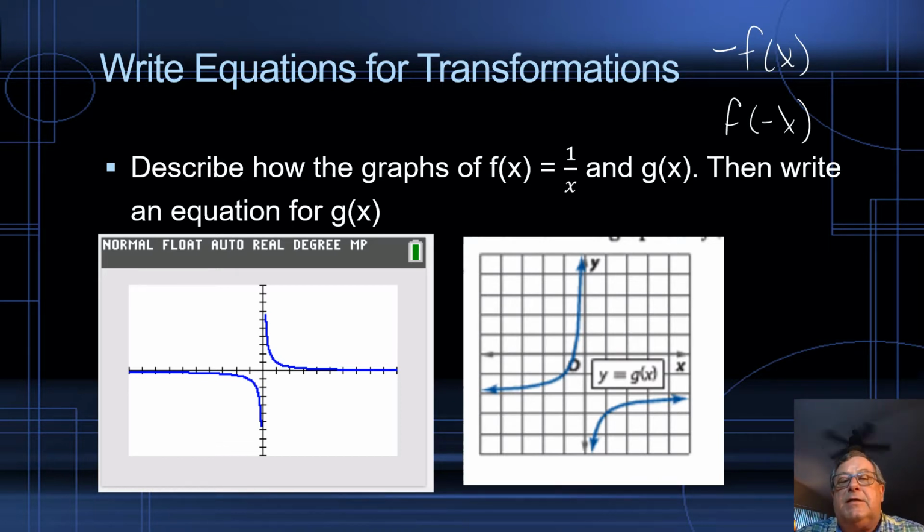Now, in these two examples we're looking at here, our parent function is a reciprocal function, which we see here on the graph on the left. And if you notice, we've got what is called an asymptote running along the horizontal axis. In other words, it gets very, very close to the horizontal axis, but it never quite crosses it.